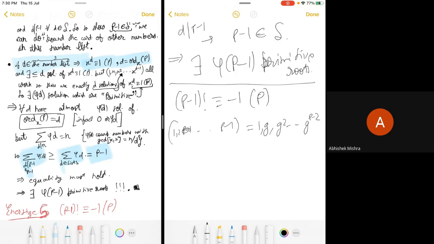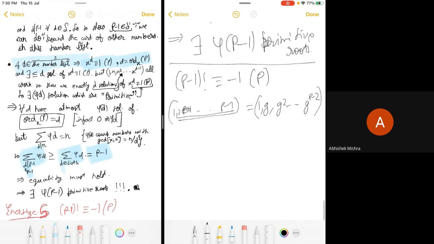The product of this set should be equal to g to the power 0 plus 1 plus 2 up to p minus 2, which is g to the power (p minus 2)(p minus 1) by 2.